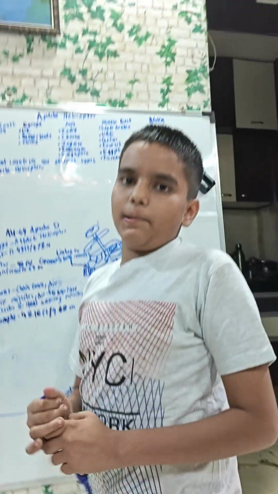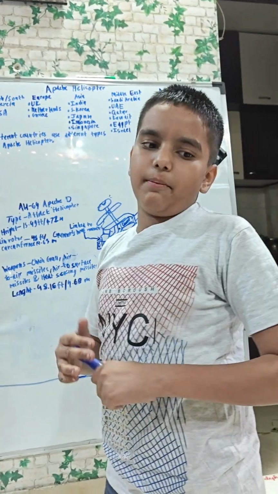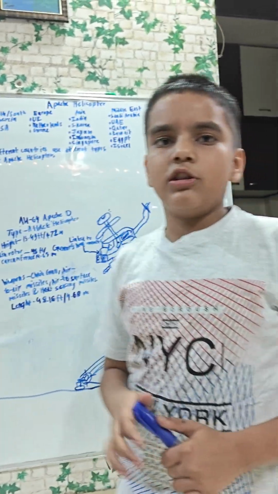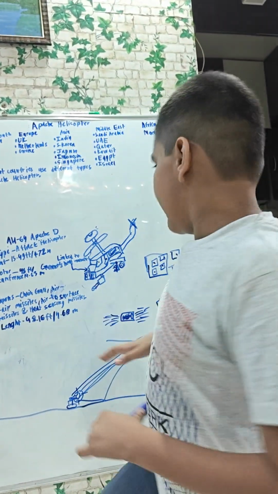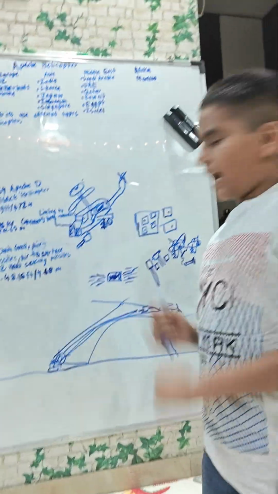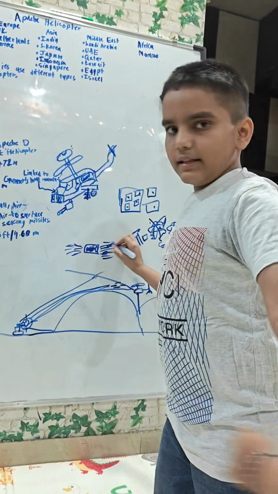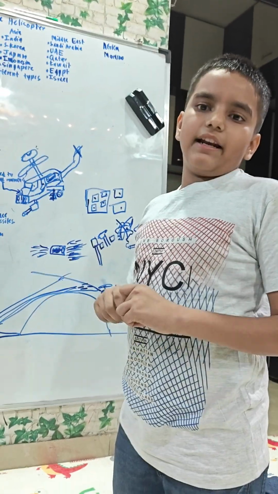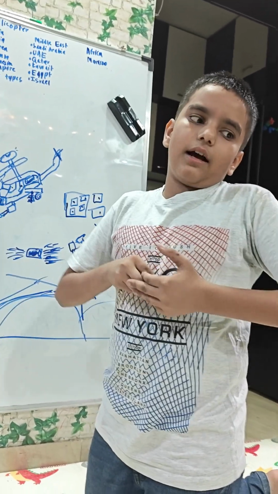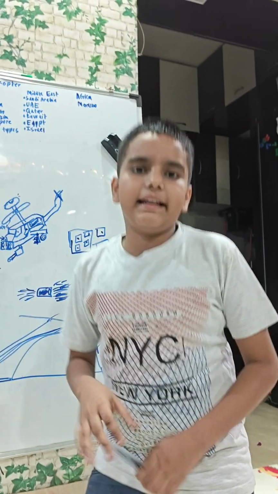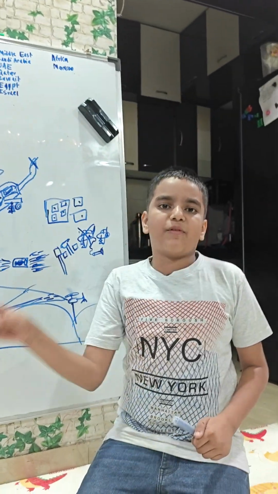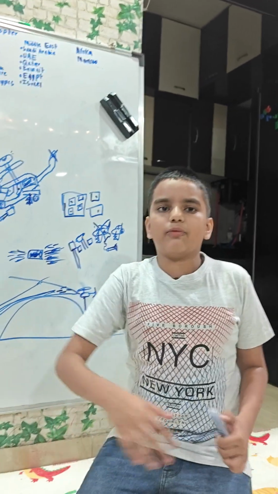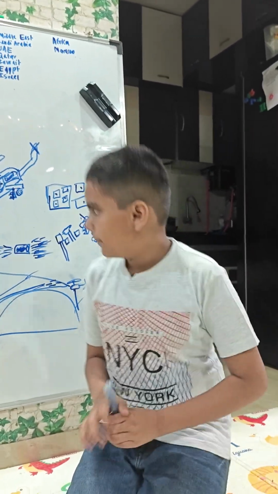Actually not in all planes, some stealth bomber planes also cool the air a little before it goes out. And so heat-seeking missiles detect this hot air and which target it is coming from, and identify it as friend or enemy. And if it is an enemy, it will attack it.